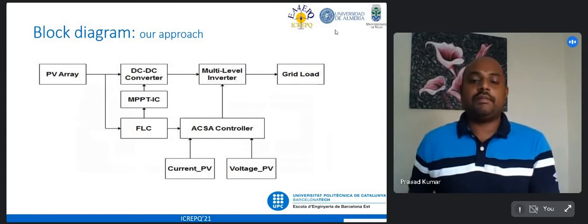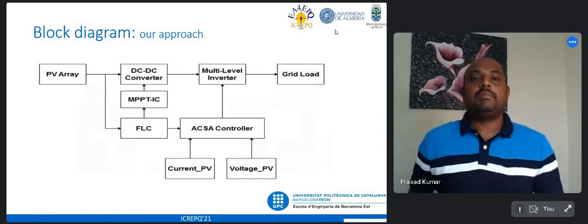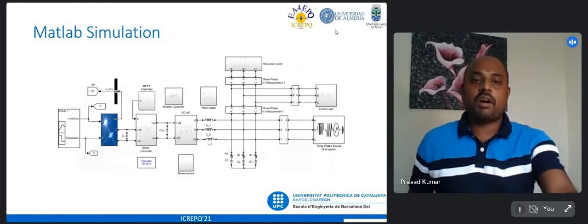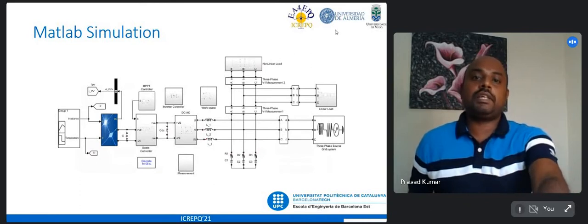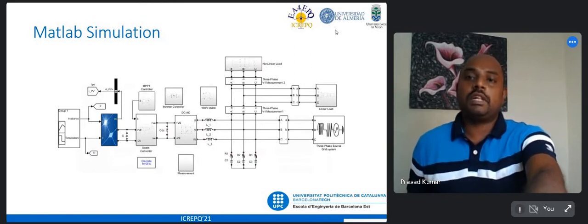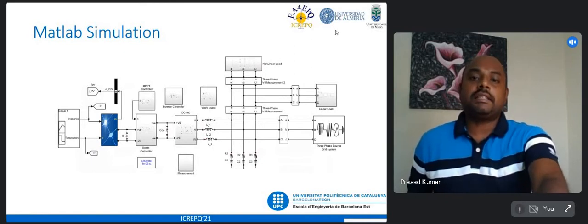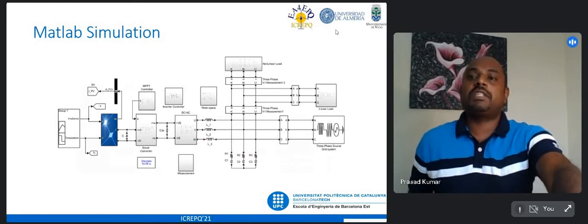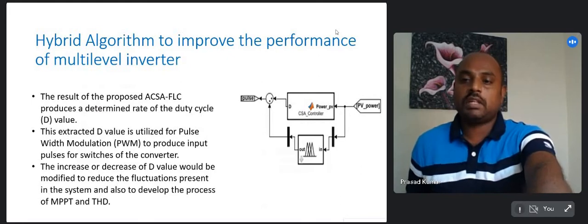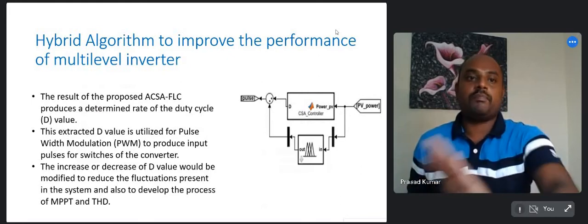and the output is given to the grid. Similarly, we can see the simulation diagram, which, according to the block diagram, has the photovoltaic system, boost converter, and DC to AC converter consisting of a multi-level inverter, under linear and non-linear conditions. It doesn't have any algorithm. With the algorithm, we are merging a hybrid algorithm: the cuckoo search algorithm and the fuzzy logic controller.